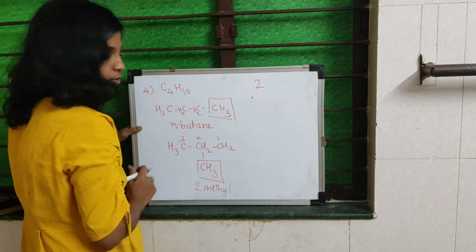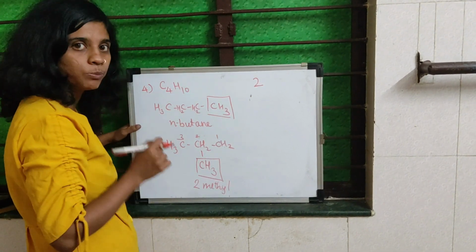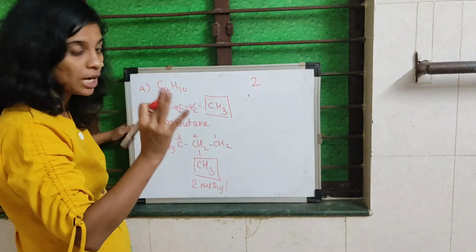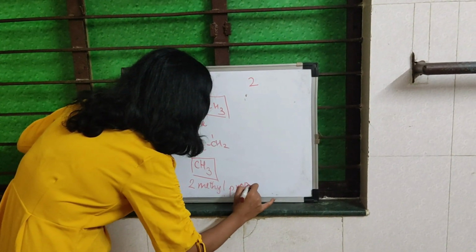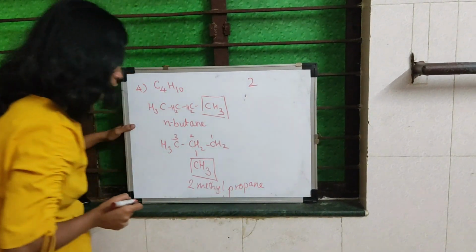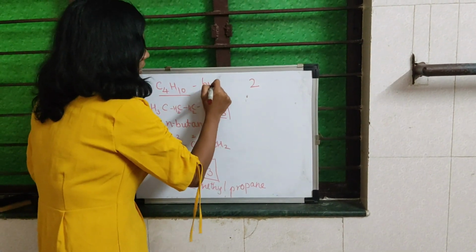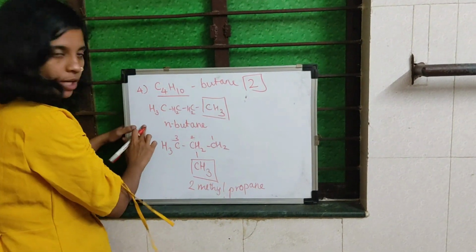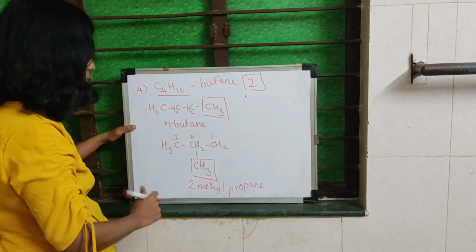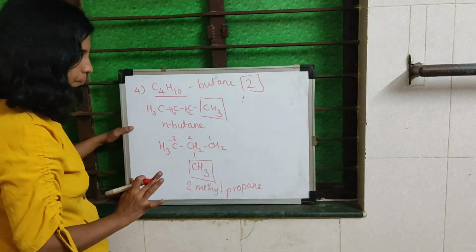And now the main chain has how many carbons? 1, 2 and 3. And we know any compound which has 3 carbons is called propane. So the isomers for butane are 2. One is n-butane or the straight chain butane, and the second one is 2-methylpropane.